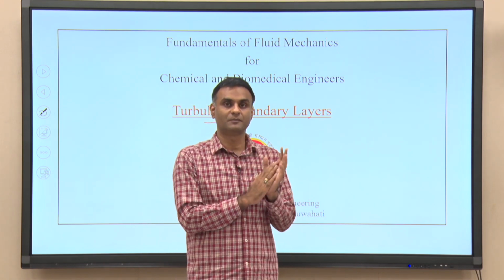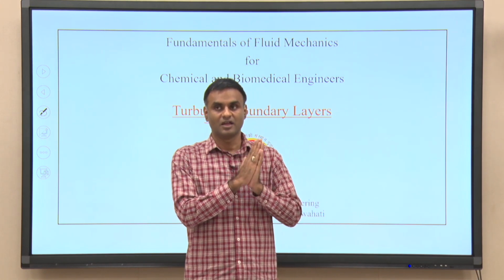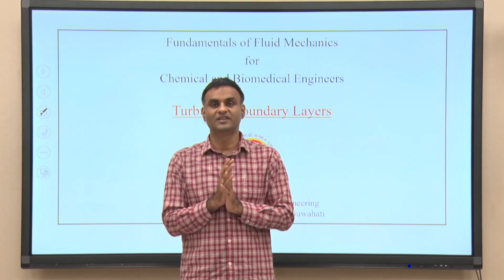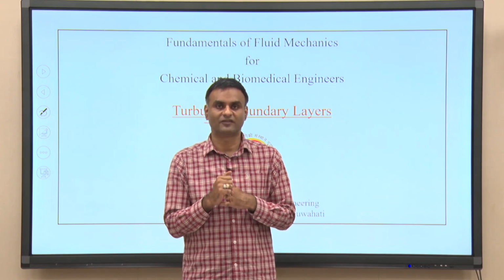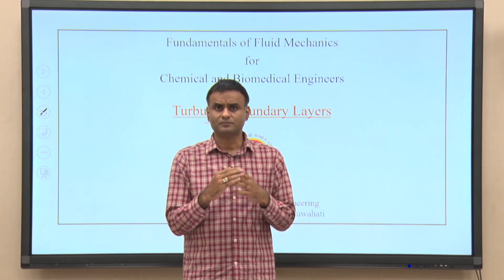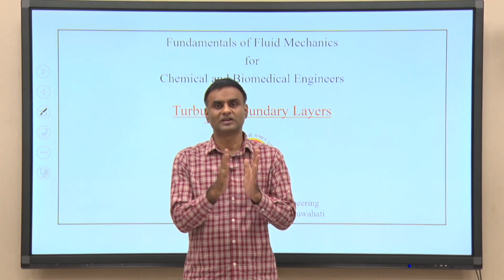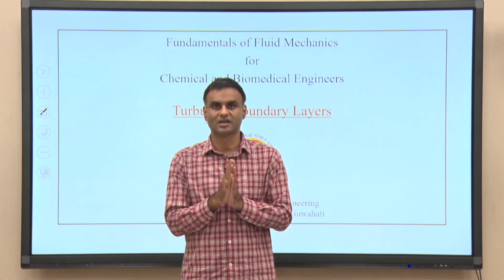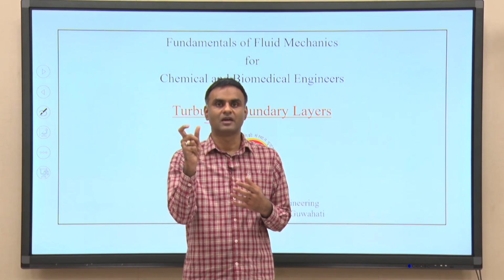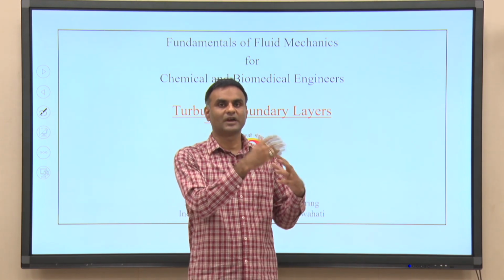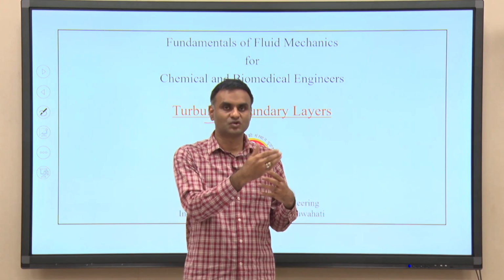We did not derive it, but we said that if we average the Navier-Stokes equations over a sufficient length of time, then we will get what are called the Reynolds averaged Navier-Stokes equations for mean flow, and they will have an additional term when you compare with the Navier-Stokes equation.